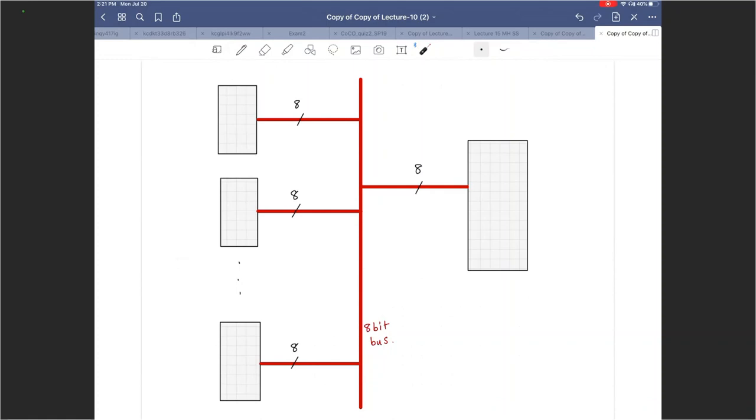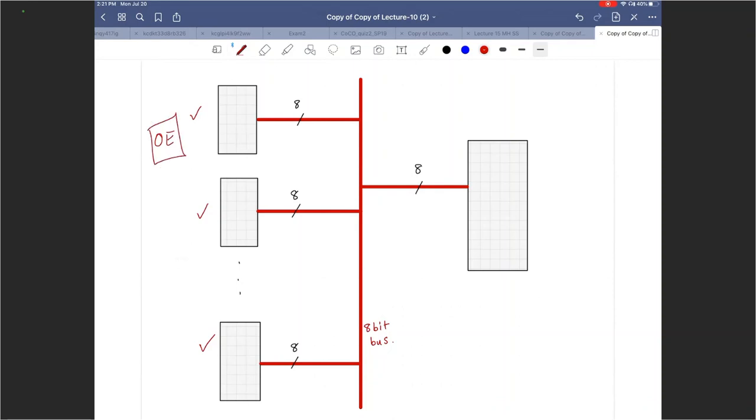So I have to use an output enable over here because I only want one of these guys to take charge of the 8-bit bus. So I need to use the output enable functionality in such an application.